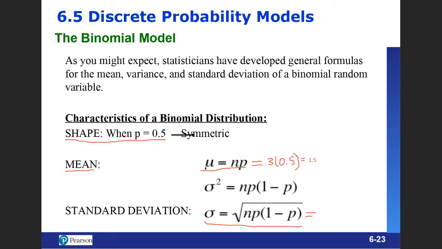Yu Jiang, 0.866, okay. Iraq, you have the same thing, okay. Yep, so standard deviation is this. So this is saying that when you toss this coin 3 times, you should expect to get 1.5 tails, plus or minus standard deviation of 0.866.